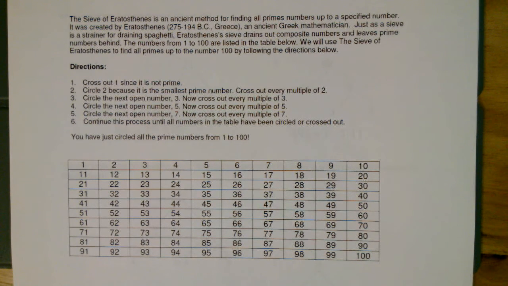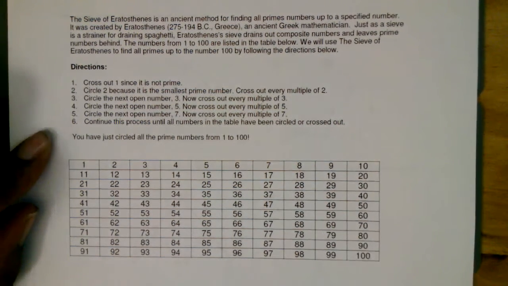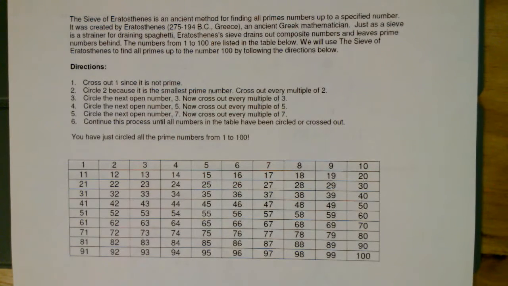So here the numbers 1 to 100 are listed in this table below, and we will use the sieve of Eratosthenes to find all the primes up to the number 100. And we're going to follow these directions given on this handout.